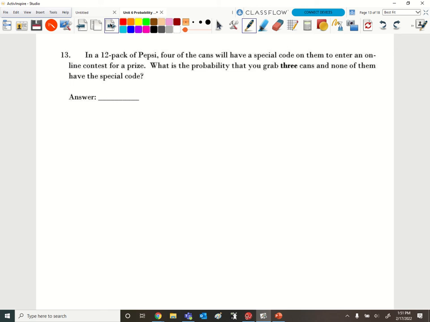Okay. So if 4 of them have a code to earn the special prize, how many are not special? 8. 8 are not special. How many total is there? 8 over 12. Yes. So it's going to be 8 over 12, right?